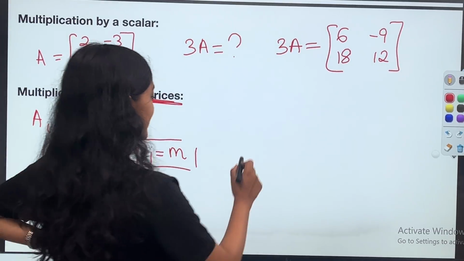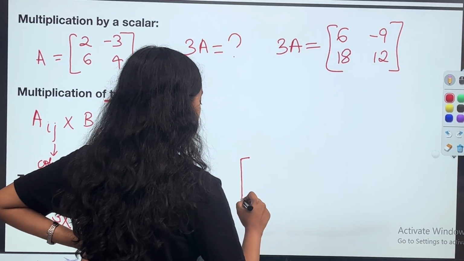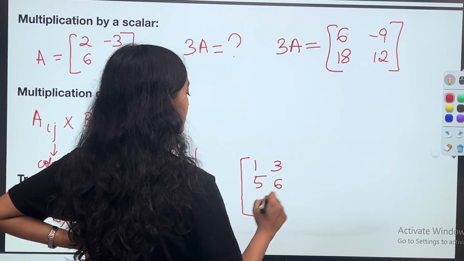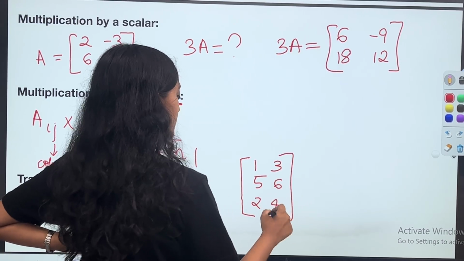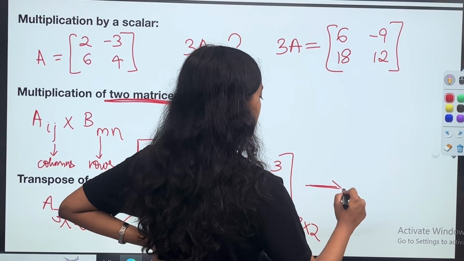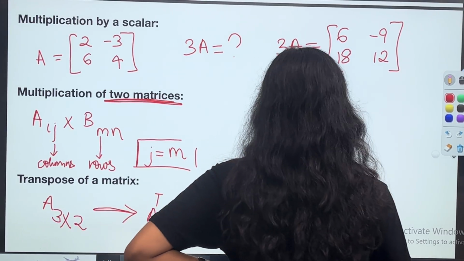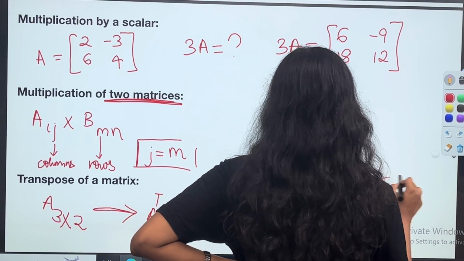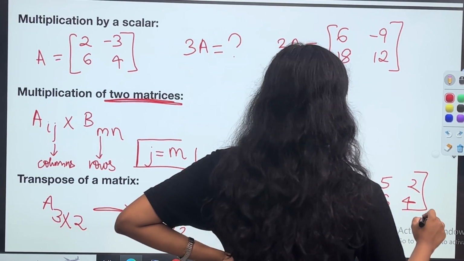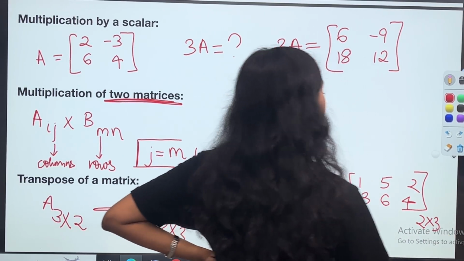For example, let me take 1, 3, 5, 6, 2, 4. That is my matrix, of order 3 into 2. I am going to transpose this, so I will get 1, 5, 2, 3, 6, 4, which is of order 2 into 3.